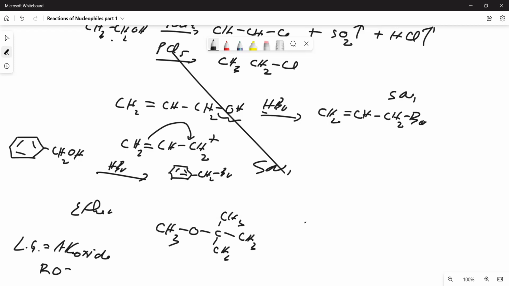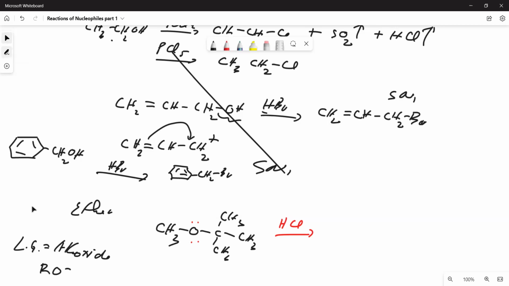They are strong bases. So just like OH in alcohol, they are not good leaving groups. So we have to protonate them also. Therefore, substitution of ether can happen similar to alcohol. Say if you add HCl, the H will protonate the oxygen to make it a good leaving group.